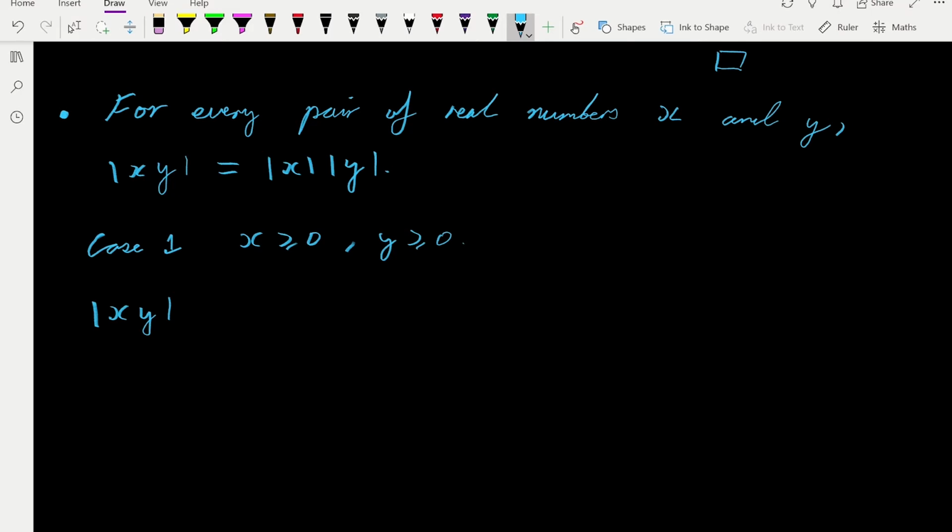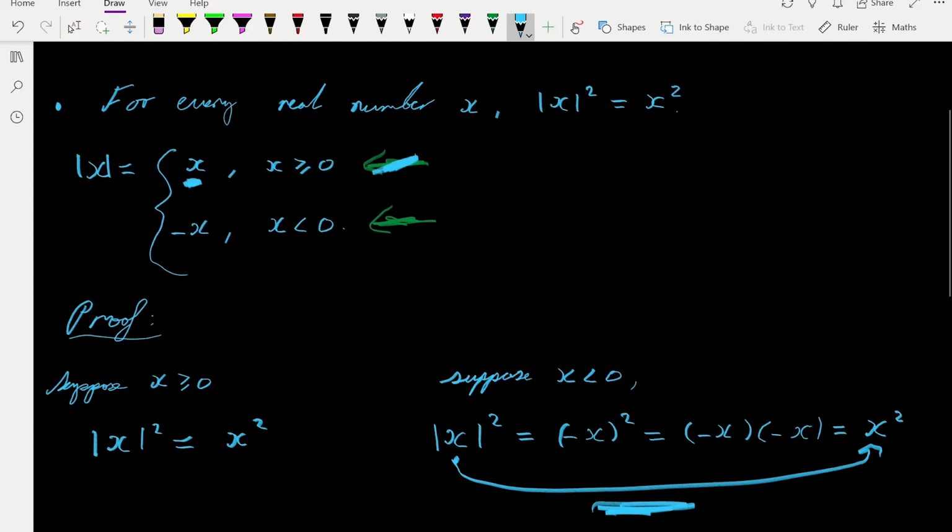Well, notice that in our definition of absolute value, okay, it says that if x is greater than or equal to 0, you just treat it as x. But notice that if we had written this definition with y instead of x, it would be telling us to just treat y as y, okay?